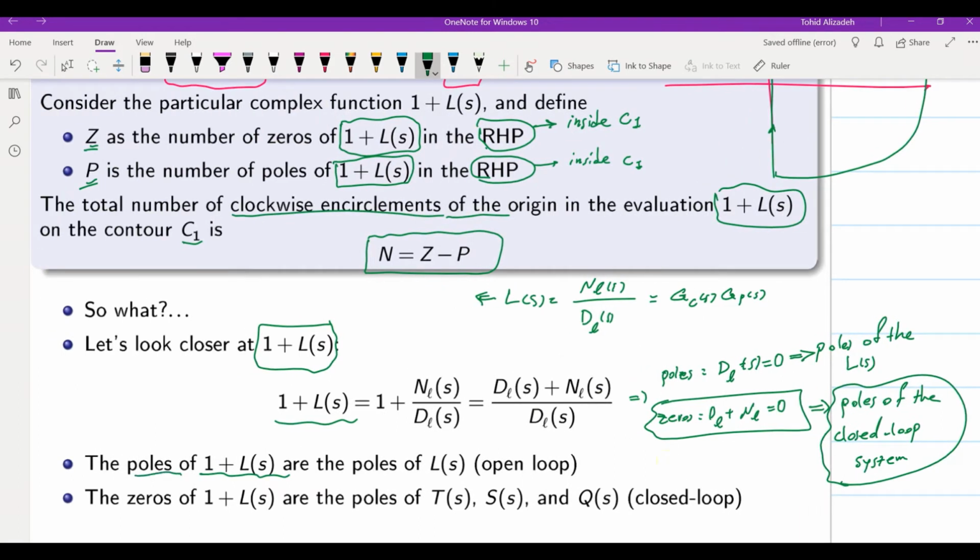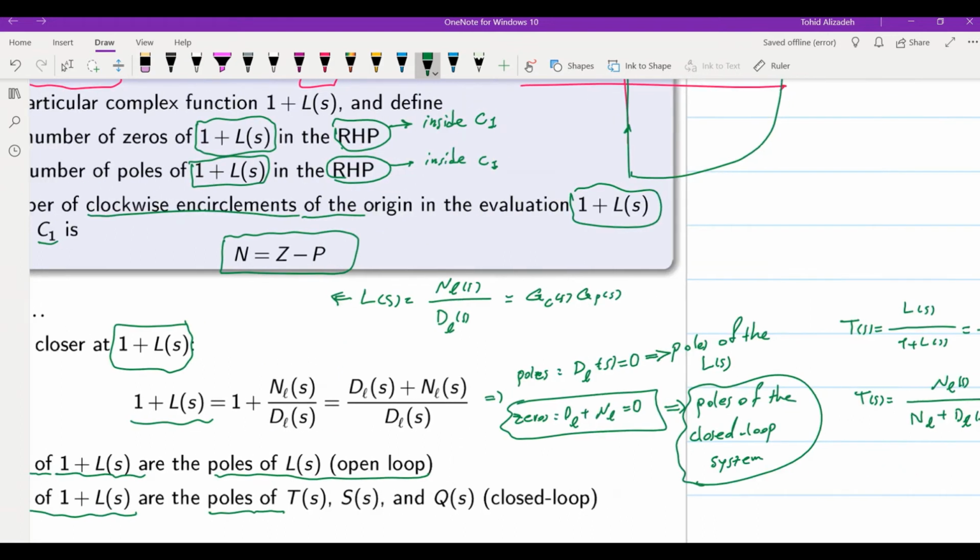So the poles of 1 plus L will be the poles of the open loop system, and the zeros of 1 plus L will be poles of the closed loop system. Okay, so this is important to keep in mind.